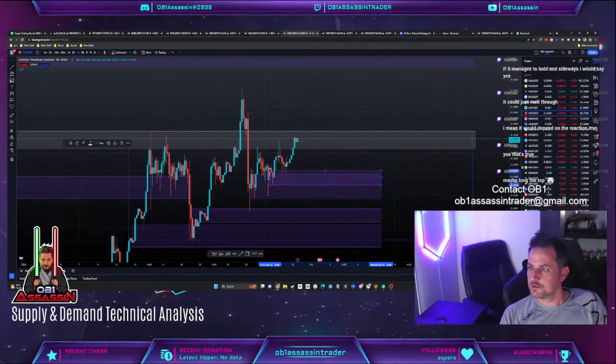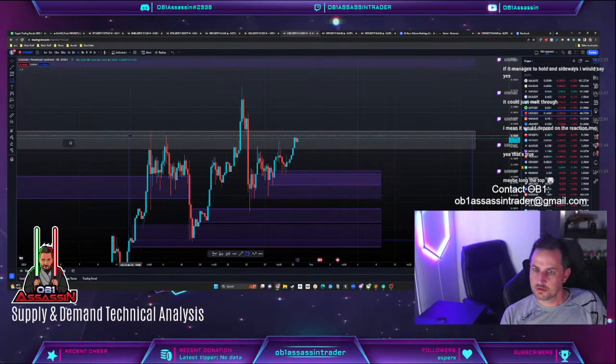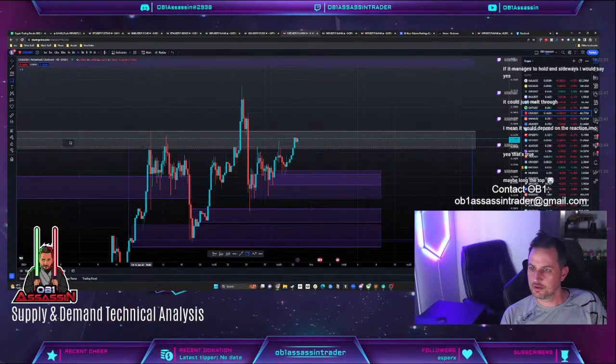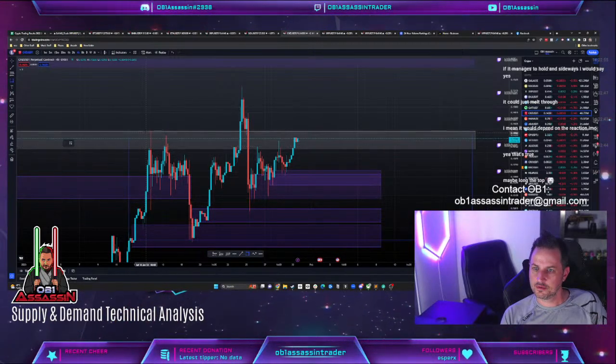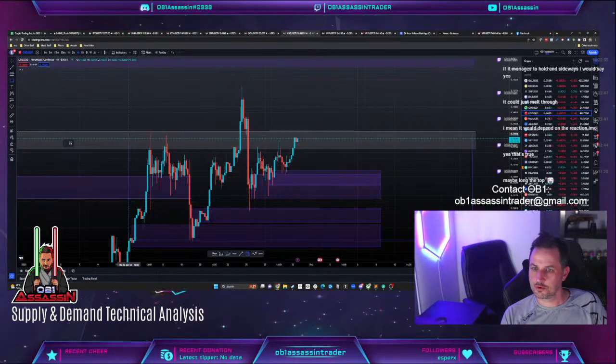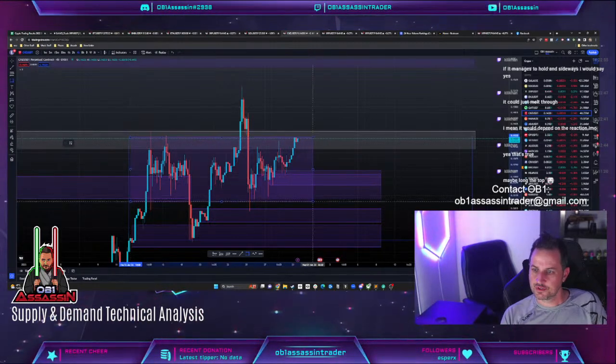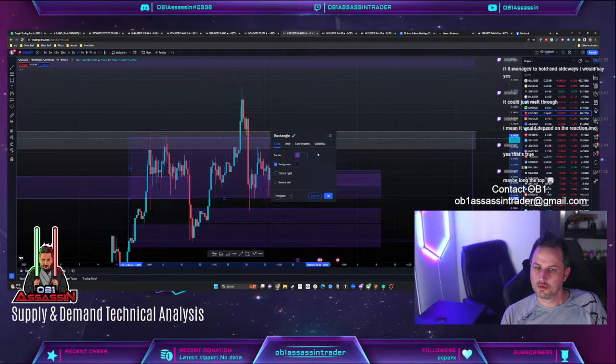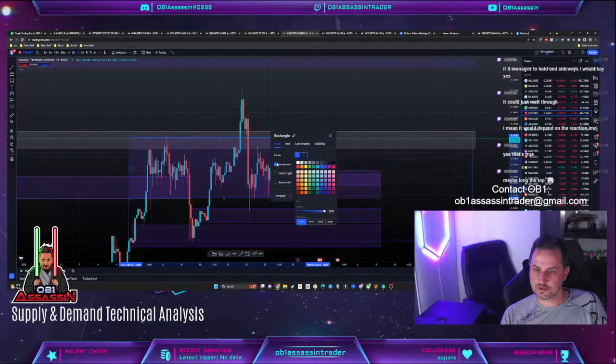In terms of support and resistance, there is a resistance line down here though. If you look at this level, so of course we have this resistance line here, but we've got that there. I'm going to color that one blue. Blue for support and resistance.